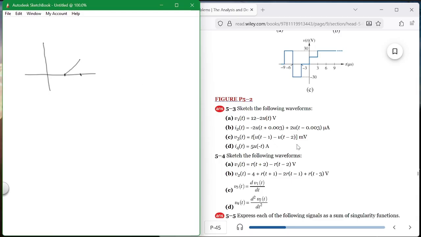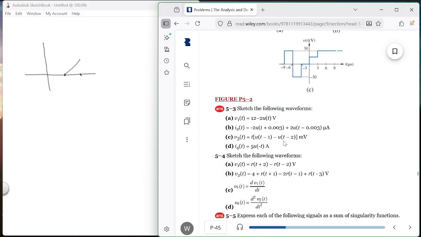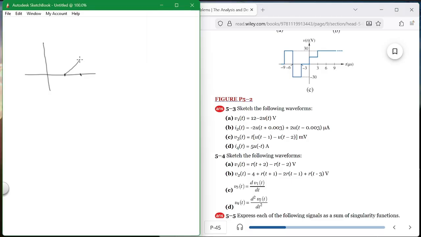And then at t equals 2, we go back down. But then it continues.